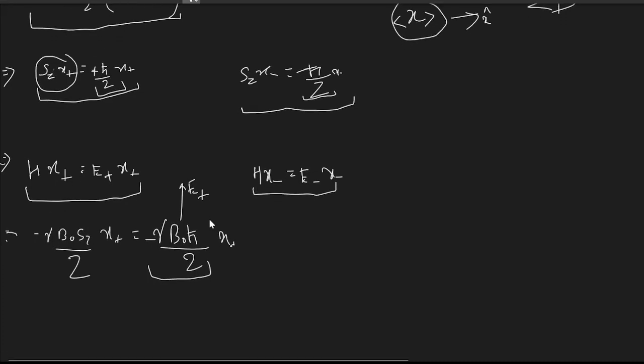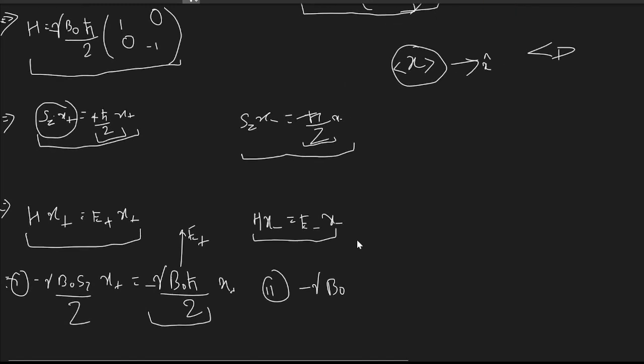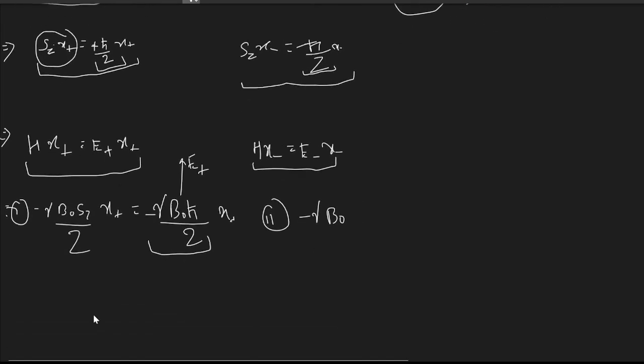So this is our energy, our first case. Now when this particle is spin down, you are going to apply the same operator, negative gamma B naught Sz. You can remove the 2.